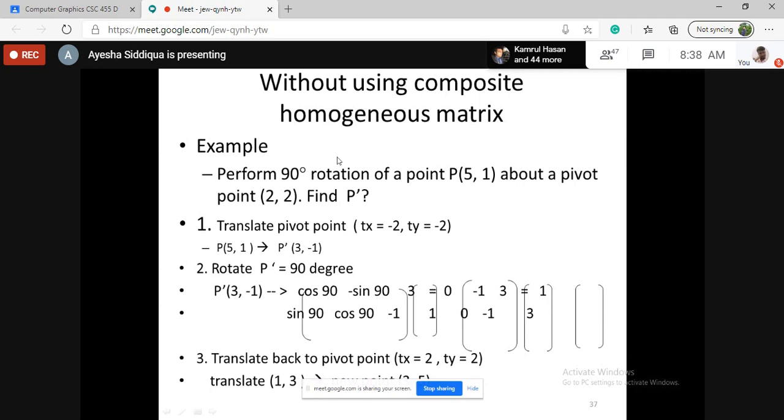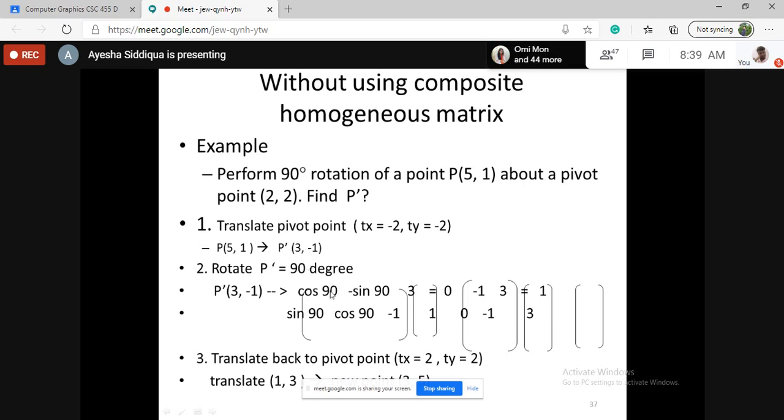So you have to perform the 90-degree rotation of this point. That means this is the initial value, xy, about a pivot point that is given, 2, 2, and then you have to find P bar. Since you have to perform the 2D transformation, first you have to subtract this pivot point from the initial position. Then you get this point, and then you perform the rotation.